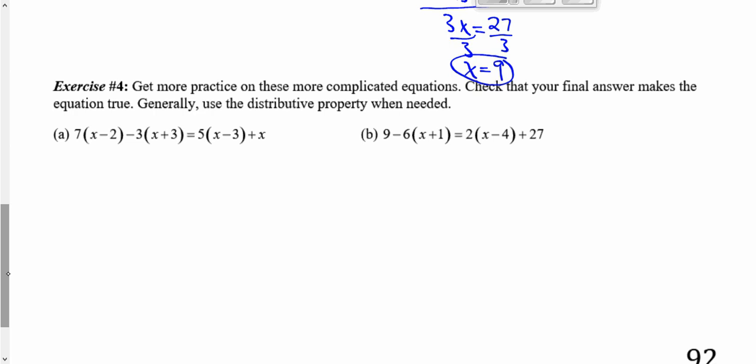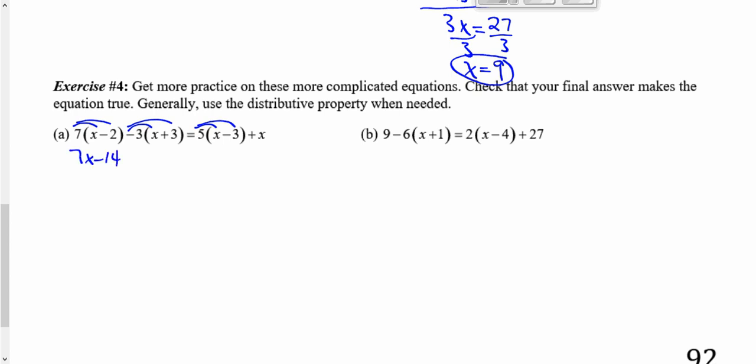So let's distribute the 7, and then distribute what over here? The negative 3, and then distribute the 5. Go ahead, distribute that 7. What do we got? Minus 14.